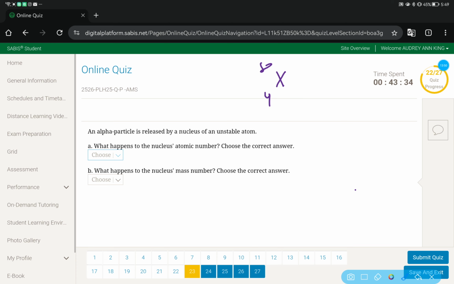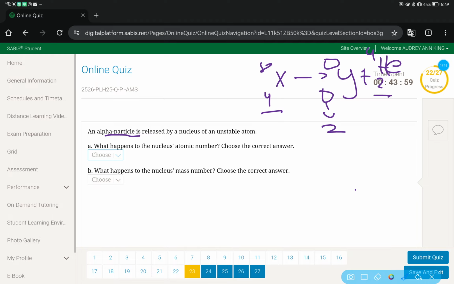So now let's say you have a nucleus of another unstable atom, and let's call it Y. But we don't know the atomic number or the mass number. So let's add the alpha particle. So plus helium. And we know helium is 4-2.